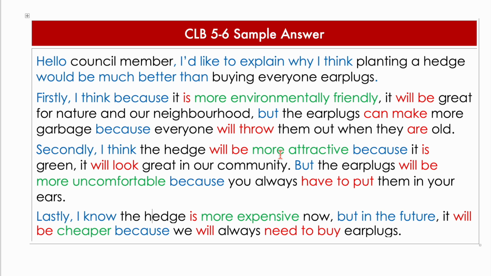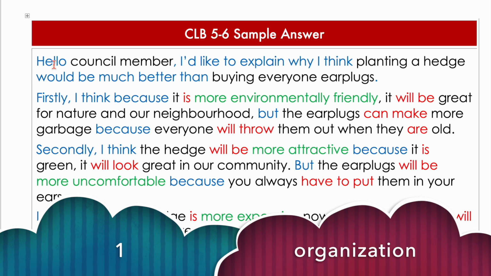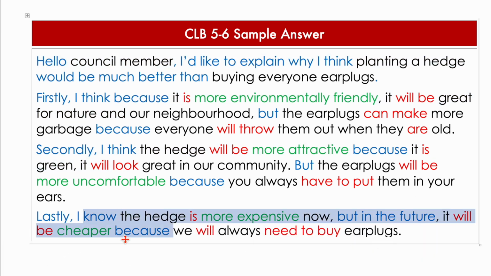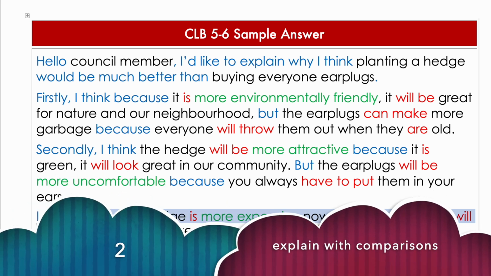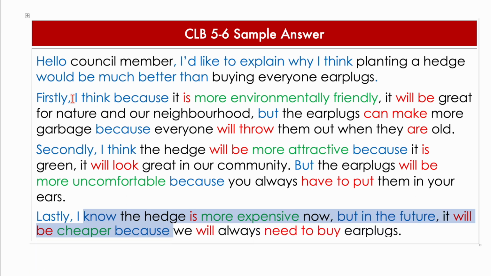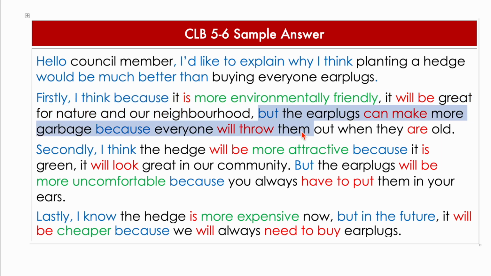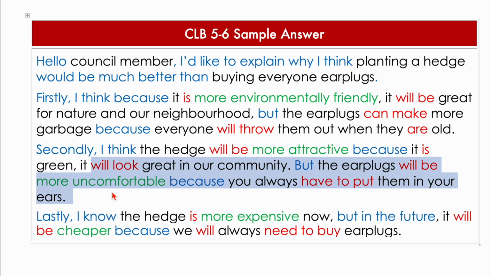Again, let me tell you what we did great. Firstly, we organized our ideas very well. Secondly, we explained our ideas very well. We said ours is good for this, but yours is not good for that.